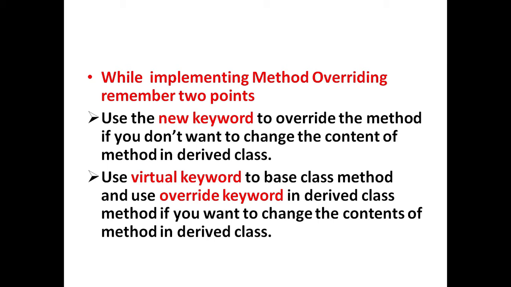That is, if you want to allow the user to change your contents, use the virtual keyword and override keyword. And if you don't want any content to be changed by the user who inherits your class, use the new keyword in your class.